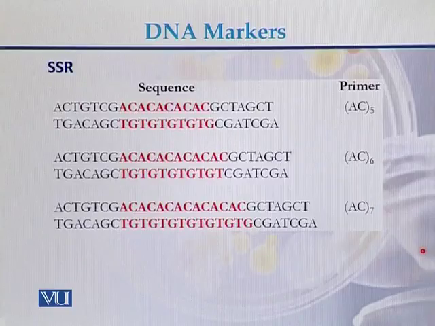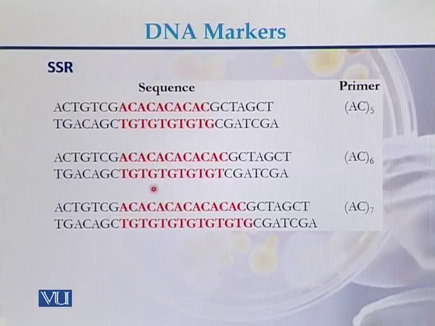This is an example of the SSR. Here we can see that in case of the first DNA molecule, there are 5 multiples of AC. So this is a dinucleotide DNA where AC is going to repeat. In this DNA molecule, AC has been repeated 5 times.